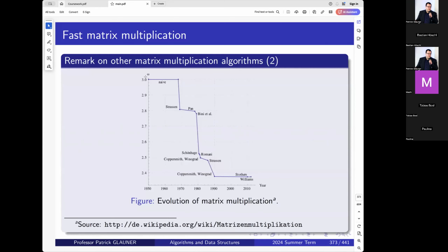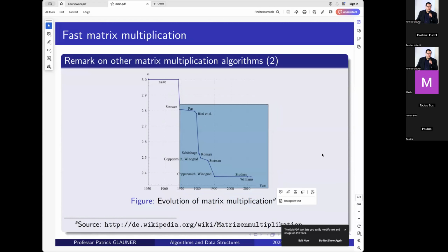So the naive matrix multiplication is O of n to the third, and then Strassen proposed his algorithm in the late 60s with 2.8 something, and this actually led to more and more papers improving matrix multiplication down to under 2.4, so 2.3 or 2.33, whatever. So there are improvements, but it turns out that essentially everything that came after Strassen is only purely theoretical.